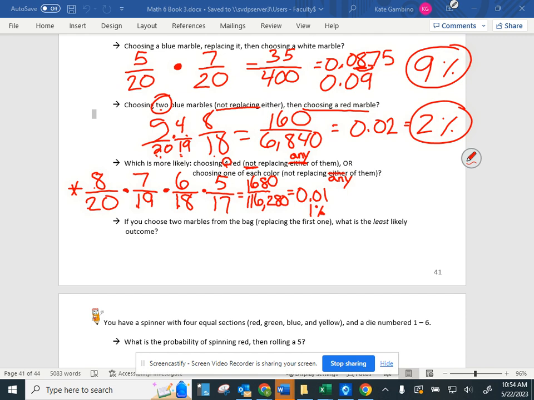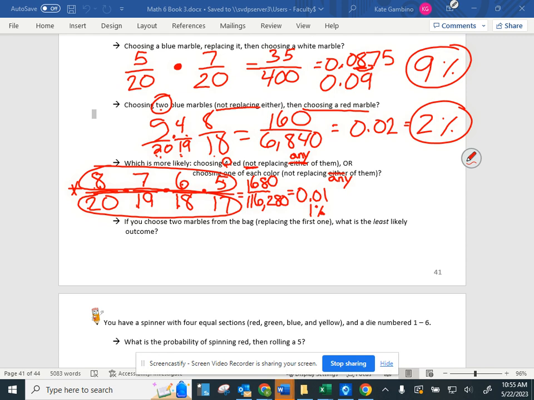So there's a 1% probability of choosing 4 reds. Wait, would you multiply to get 116,000? 8 times 7 times 6 times 5 equals, you multiply across the top and you get 1,680. And then I multiply my bottom across and I get 116,280. So you're always just multiplying your numerators, multiplying your denominators.